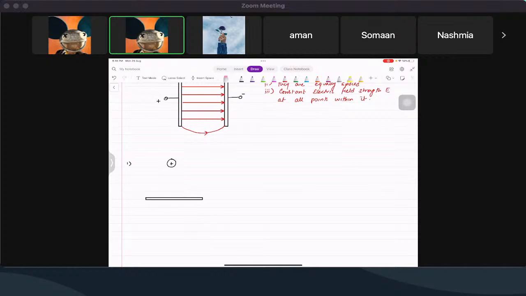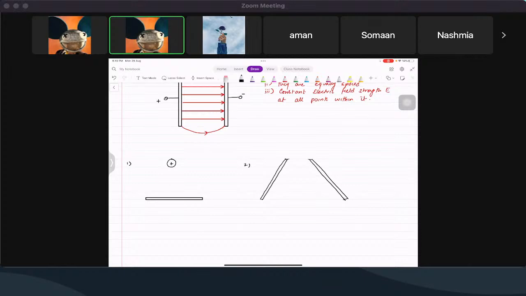So how would we make the field? Sorry, I need to make a skewed line. There is a plate like this, and a plate like this. So how would it be different? Let's see.